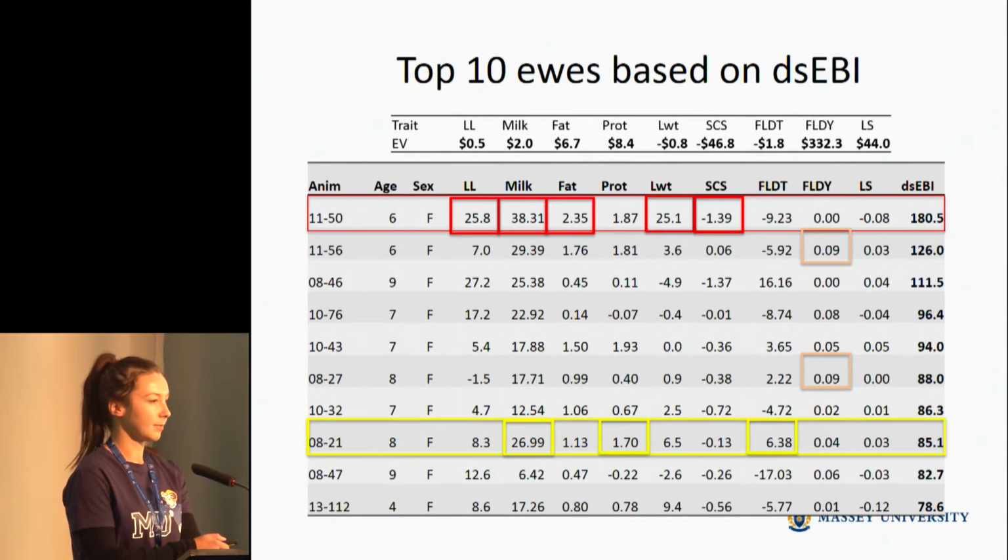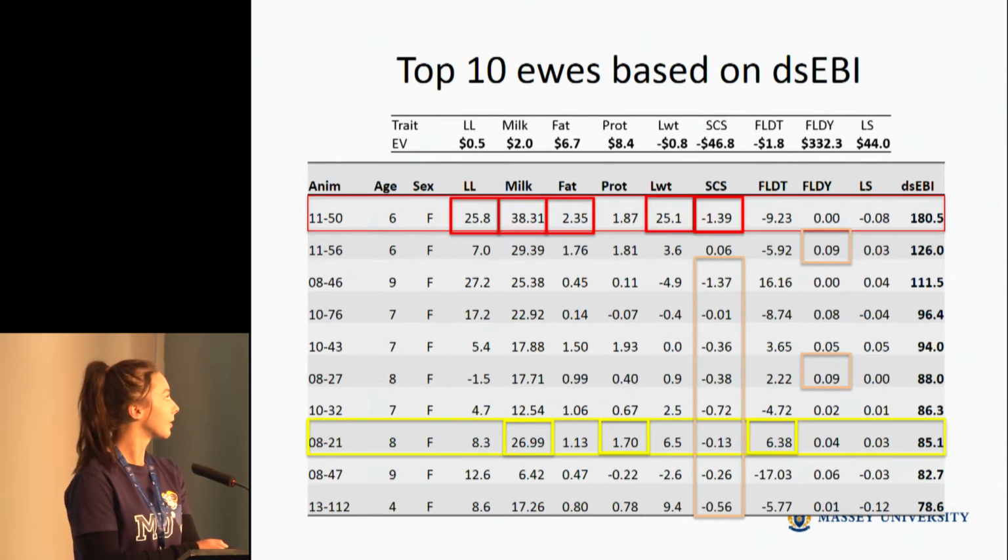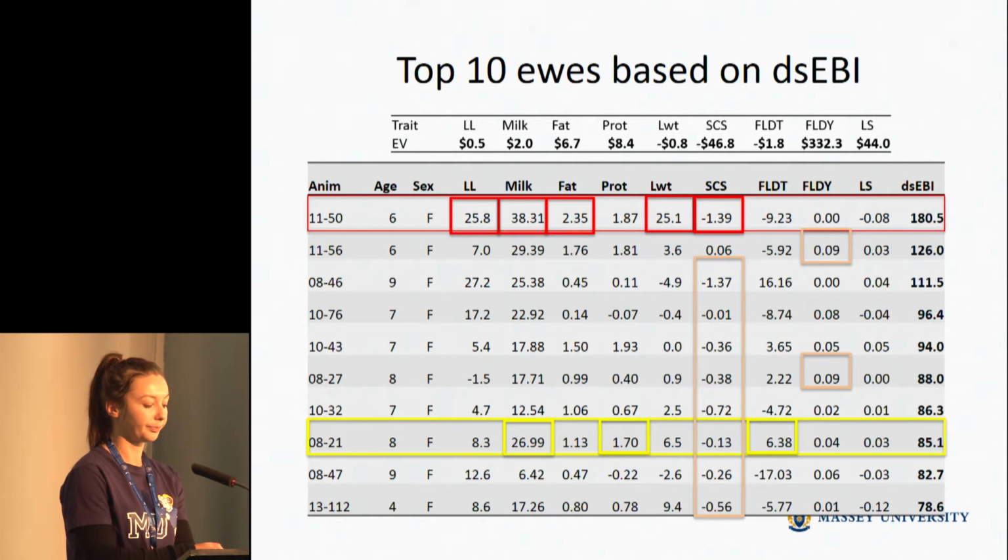Even though these estimated breeding values are tiny, at 0.09, the economic value for first letdown yield is a positive $332.30, which has a significant contribution in this index. And also these animals have negative estimated breeding values for somatic cell score, which is also desirable.